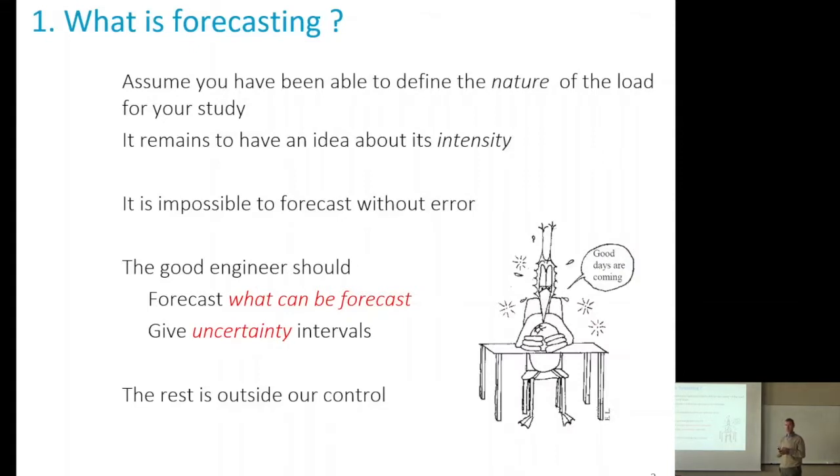But of course, we want a bit more, as you can guess from all the things we've done before. We want also to give uncertainty levels. Not just say, I predict that tomorrow we will use so many megawatt hours between 10 and 11, but I want also to be able to have error bounds on that, because the error I'm making if I'm below or above the value might be very different.